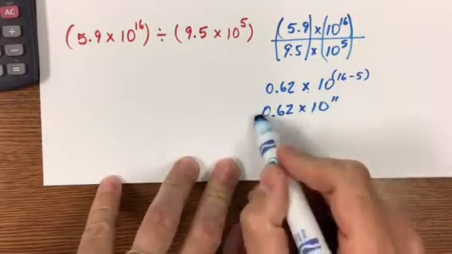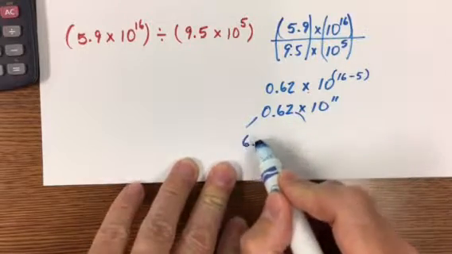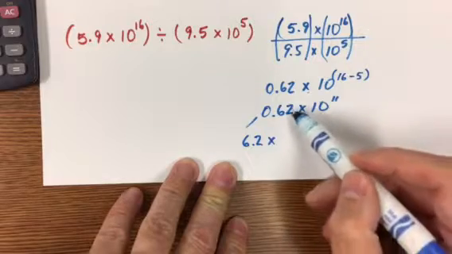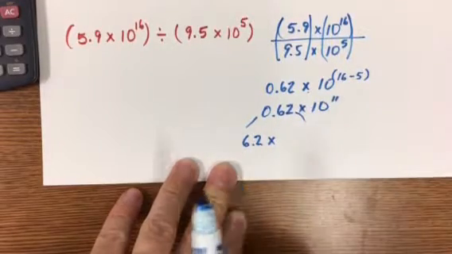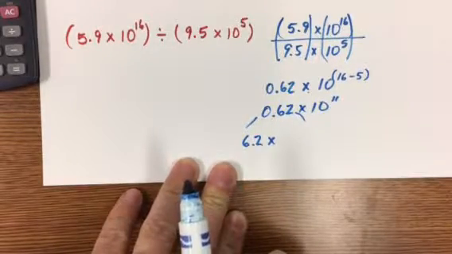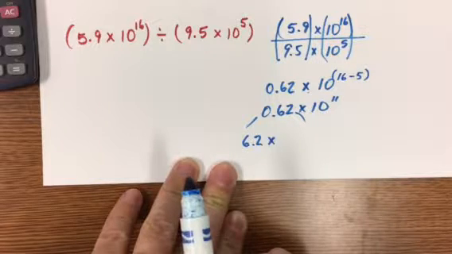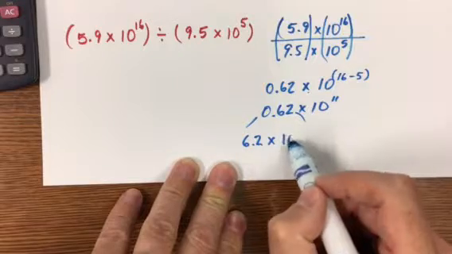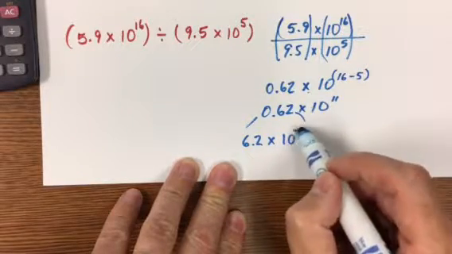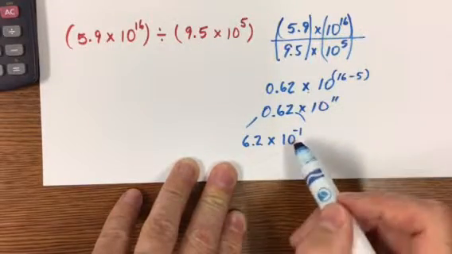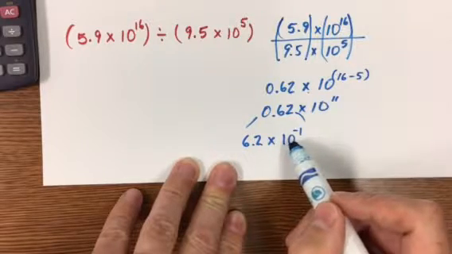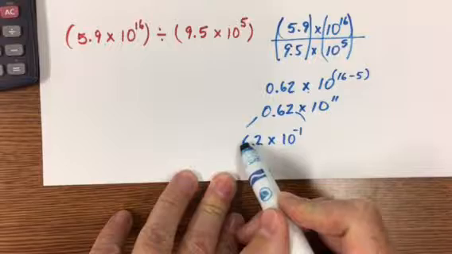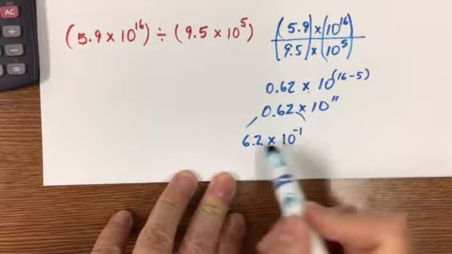So we need this format to look like this: 6.2 times something that will represent 0.62. What will represent 0.62? 6.2 times 10 to the what power? The negative 1 power, because 6.2 times 10 to the negative 1 would move that decimal one place to the left, and that's what I'm trying to show.